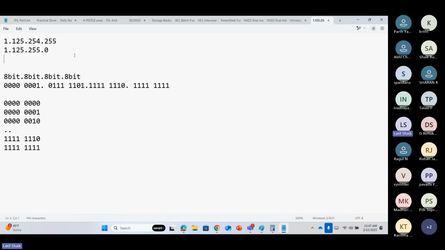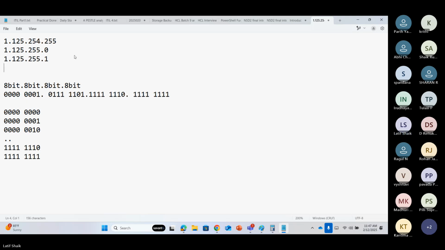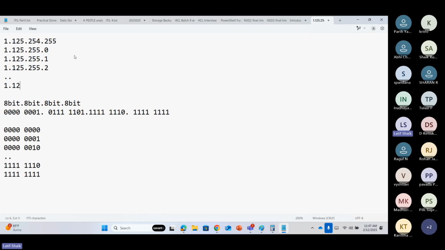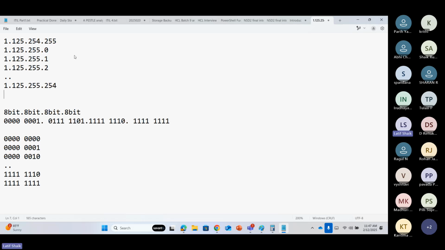And after this, 1.125.255.1, 1.125.255.2, it keeps going, 3, 4, 5, up to 255.